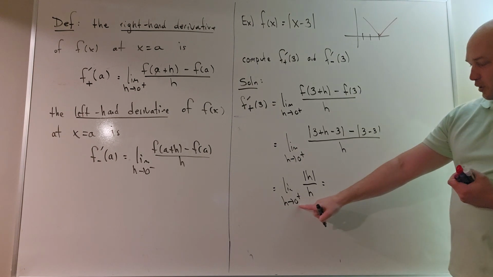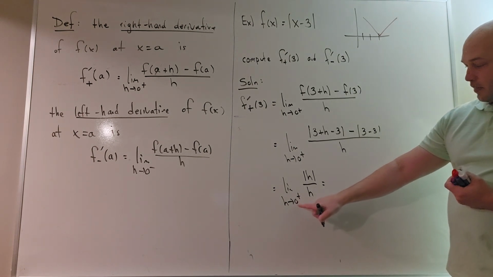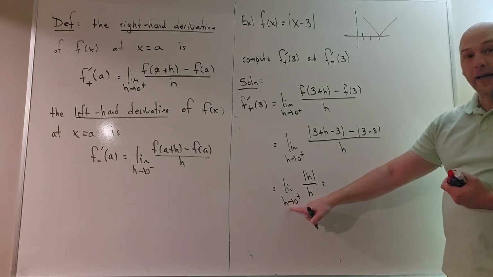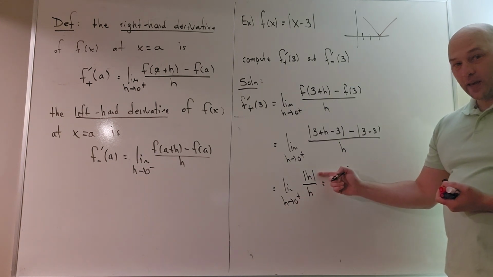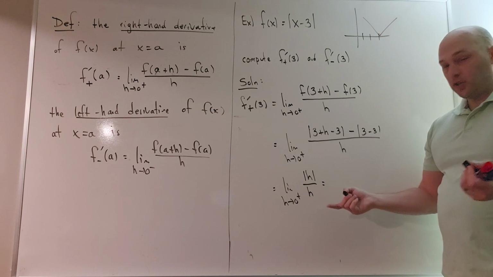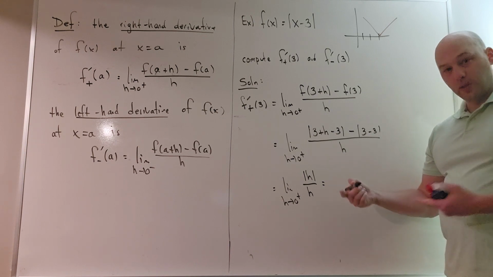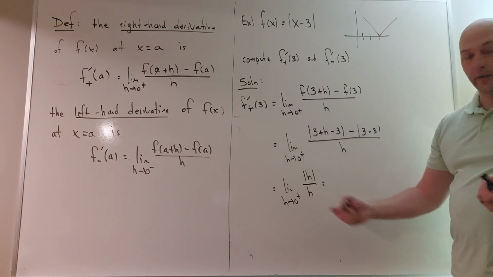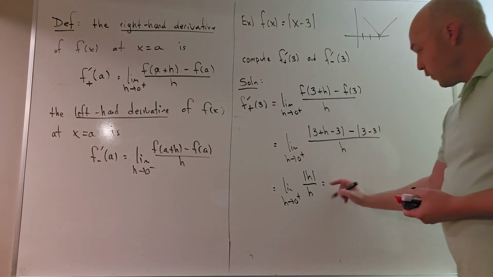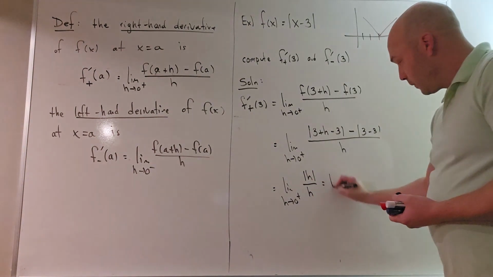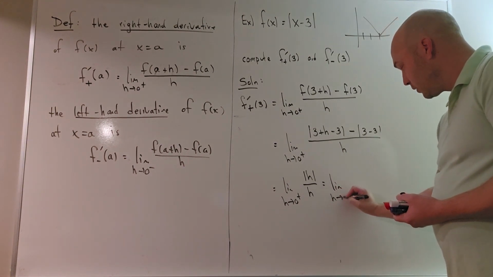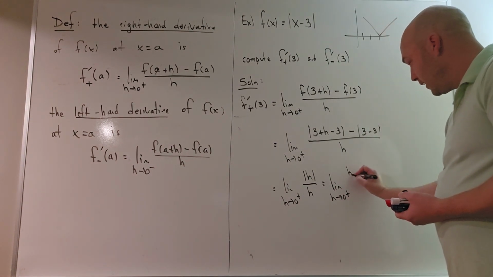Now, as h goes to 0 from the right, remember that this means that h is positive. If h is positive, then the absolute value of h equals h. If h is 2, the absolute value of positive 2 is 2. Absolute value of 1 is 1. So on and so forth. Therefore, we can rewrite this expression without an absolute value bar, giving me the limit as h goes to 0 from the right of h over h.